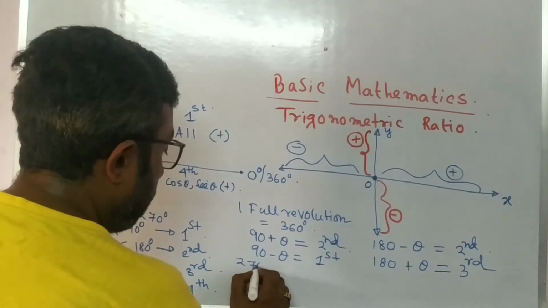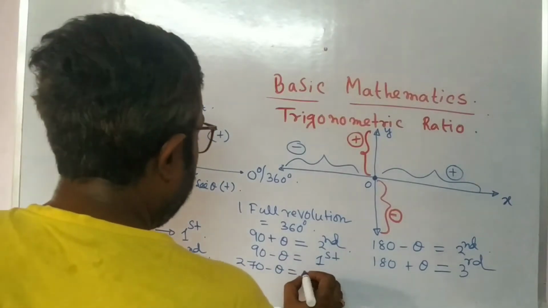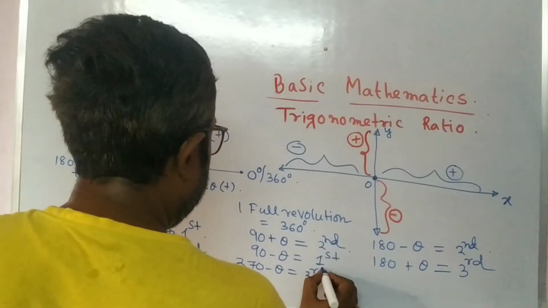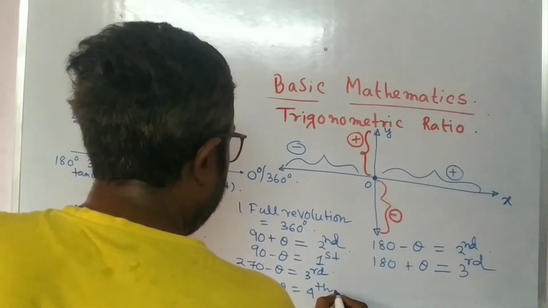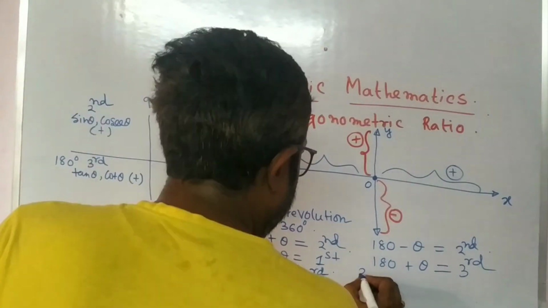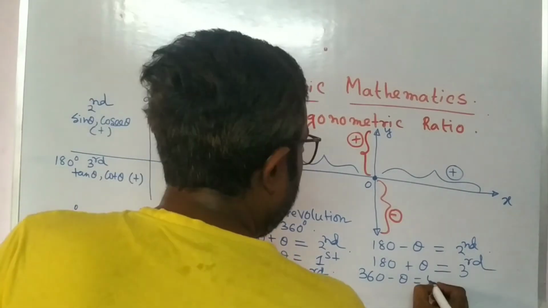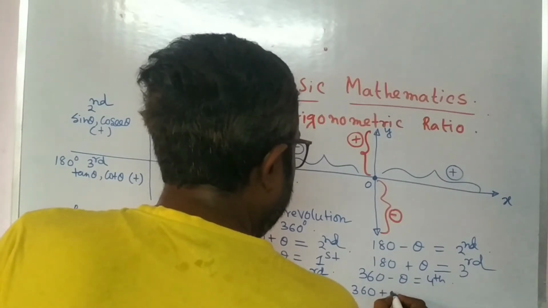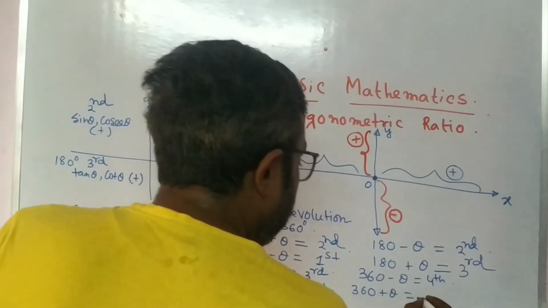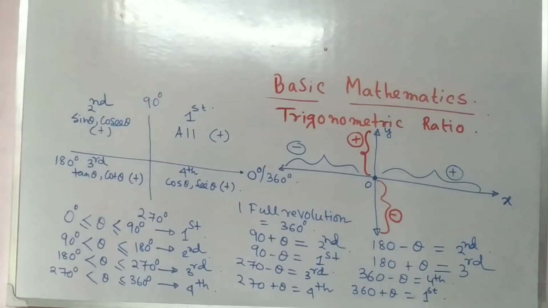Like 270 minus theta, it is in the third quadrant. 270 plus theta, it is in the fourth quadrant. Okay? If you subtract 360 minus theta, it is in the fourth quadrant. If you add theta with 360 degree, again it will lie in the first quadrant. Okay?